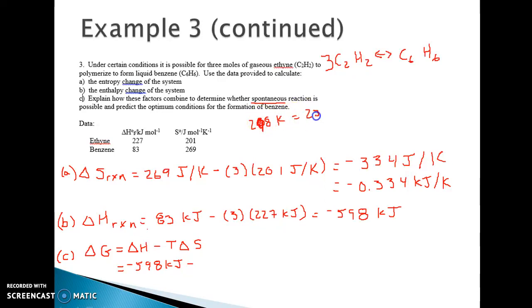Remember that all of these values are at standard conditions. That's what this little knot symbol means. Standard conditions are 25 degrees Celsius, which is 298 Kelvin. So I've got 298 Kelvin times negative 0.334 kilojoules per Kelvin, and I get negative 498 kilojoules for that.